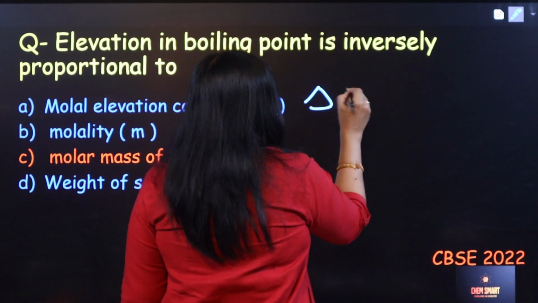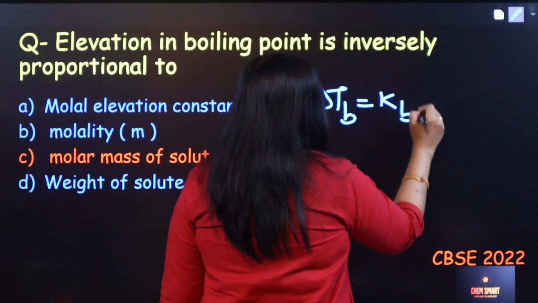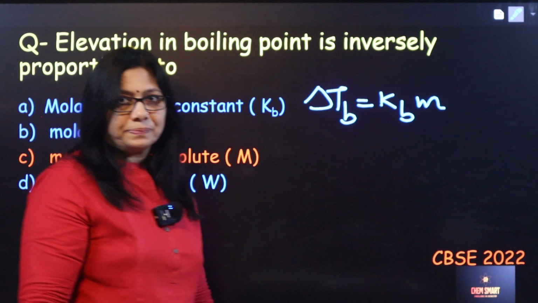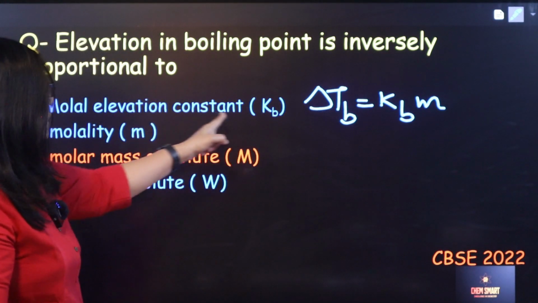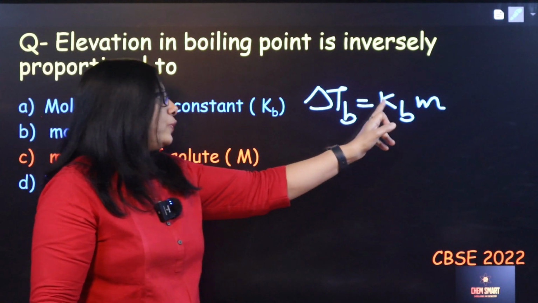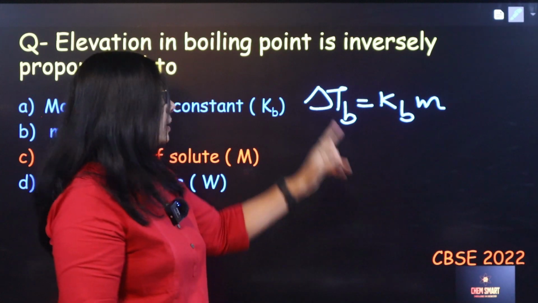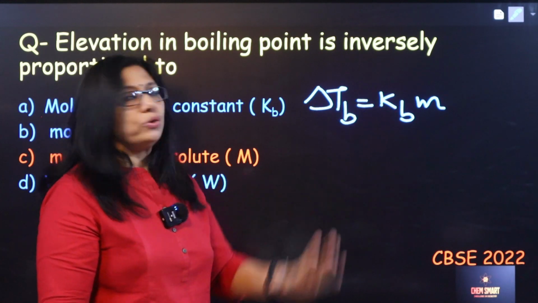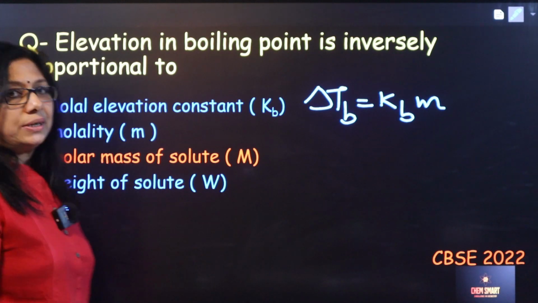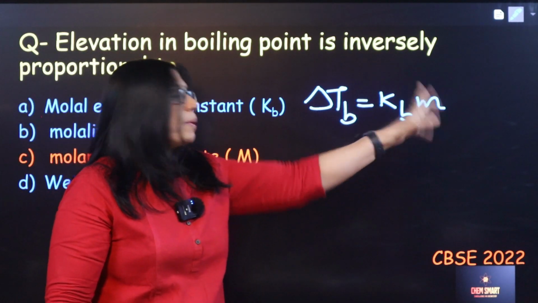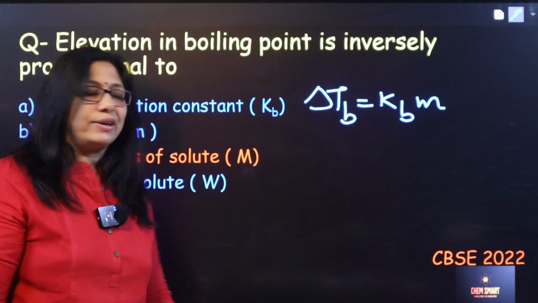You have studied delta TB is equal to KB into m, right? So delta TB, the first one is the molal elevation constant. If you compare the KB and delta TB mathematical relation, delta TB is directly proportional to KB. So this is not the answer. Molality, delta TB is directly proportional to molality. So that is also not the answer for this question.